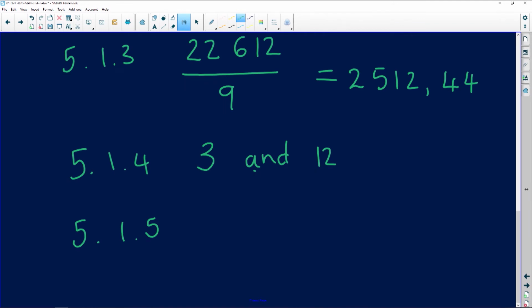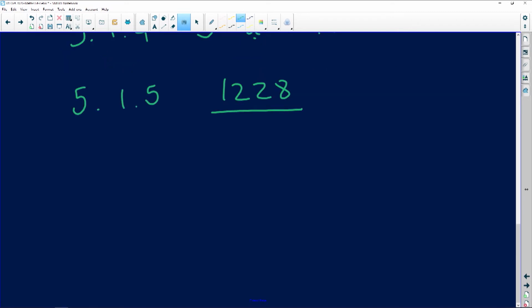So it's going to be 1,228 all over the total number, which is 22,612, times 100.